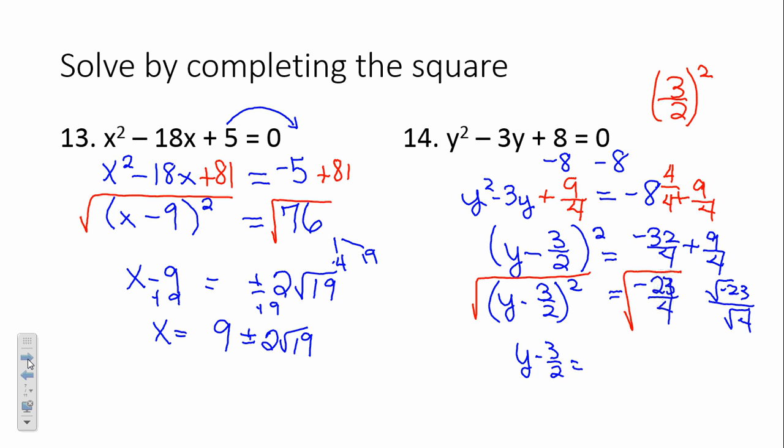Okay, what does that negative in the radical do? Square root of negative 1 is I. It's coming out as an I. Can the 23 come out? Nope. But what can the square root of 4 become? 2. And what am I not supposed to forget? My plus or minus.